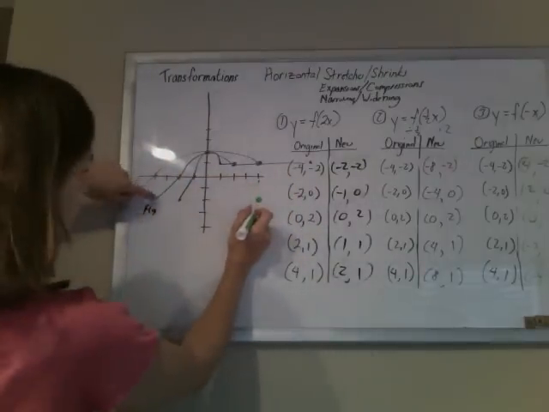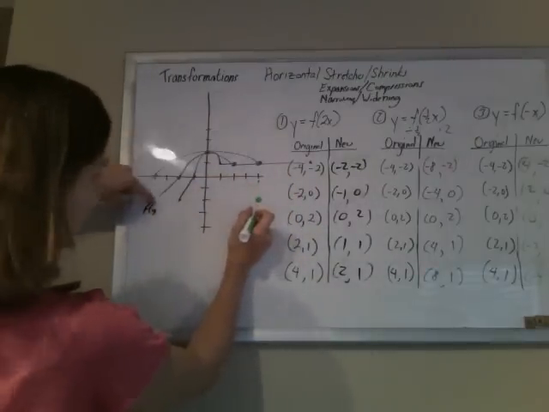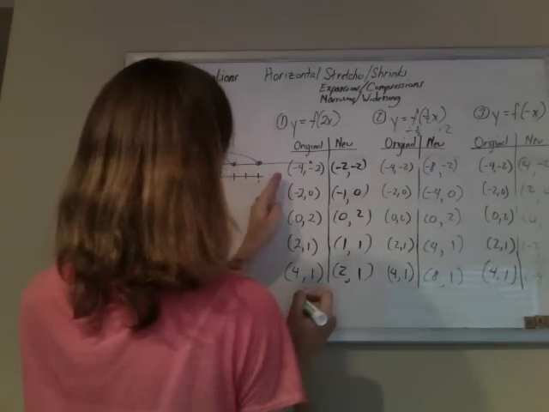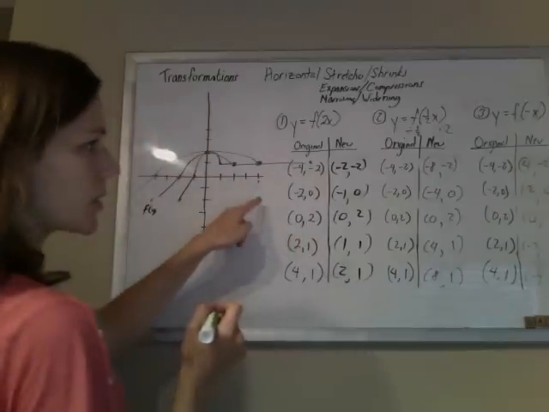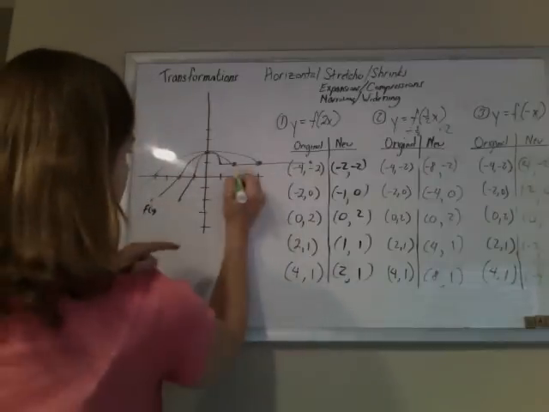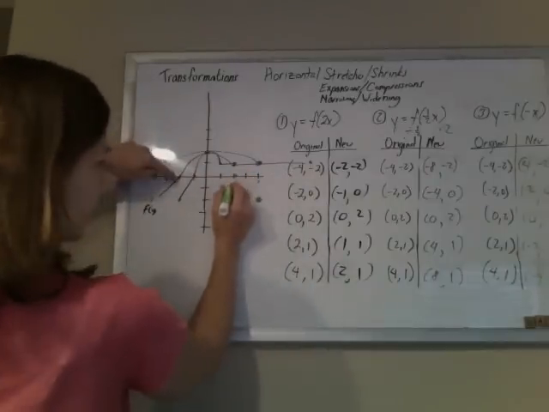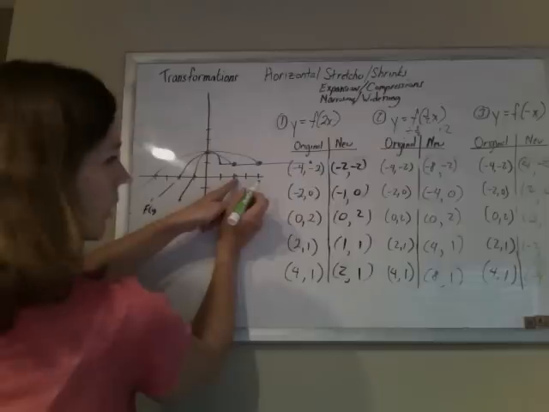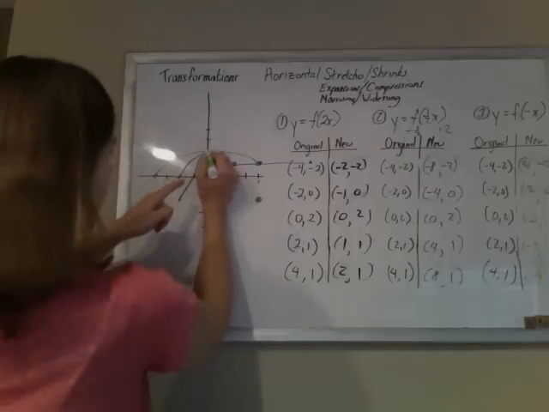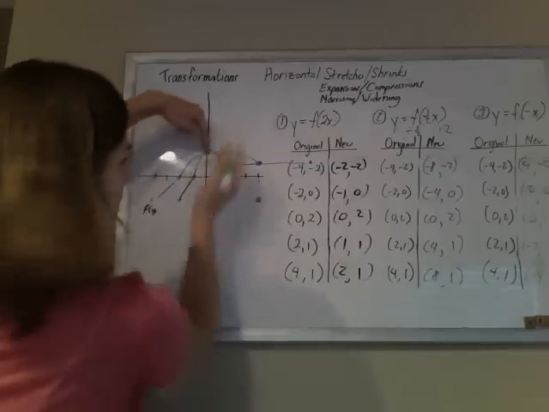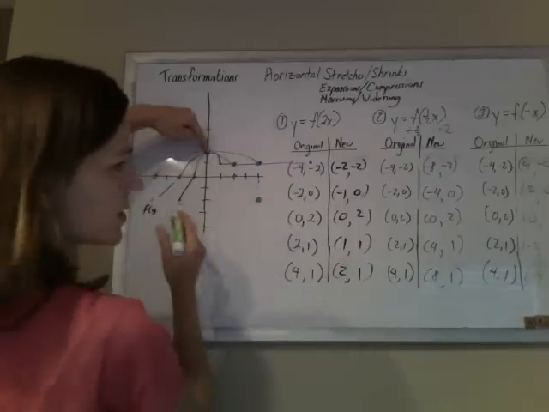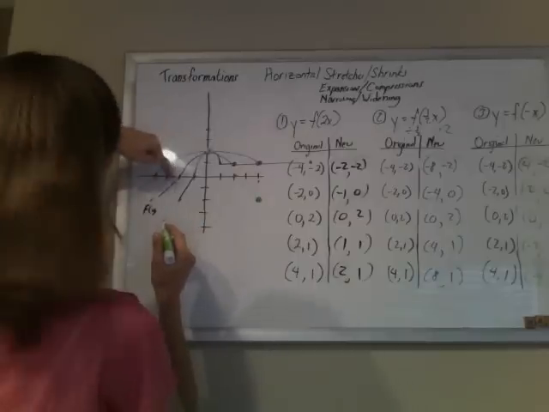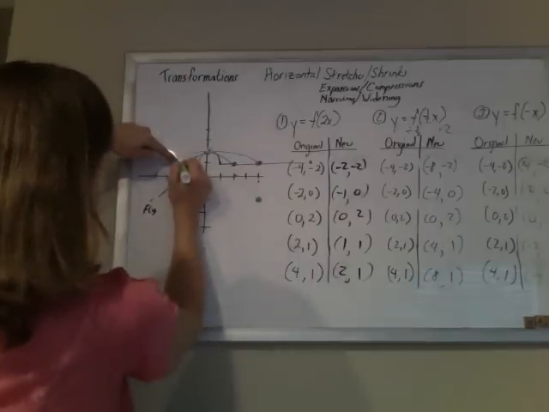So this was this original point on the black line being flipped over the y-axis to that point. Beautiful. 2, 0. There. That was this point on the x being flipped over that way. 0, 2. Up there. Didn't flip, because it's on the same thing. Negative 2, 1. Bang.